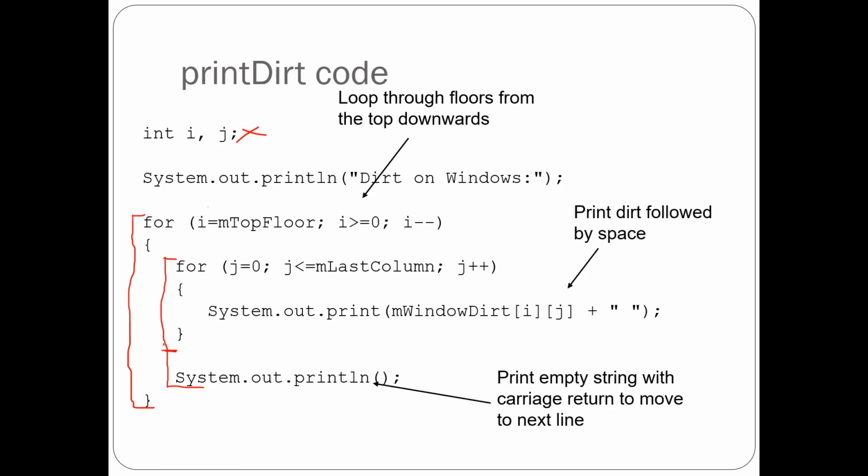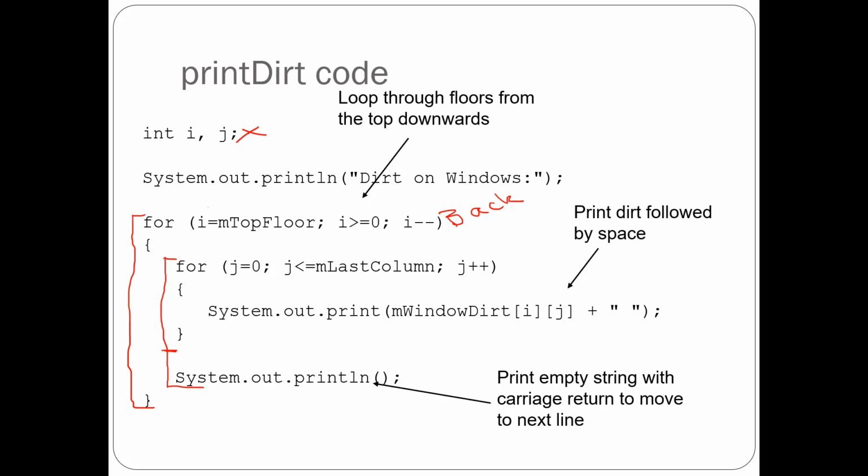And what we've got is the ability to use the outer loop to go from top floor and keep going as long as it's greater than or equal to 0. So in this particular example, we're actually going through the array backwards. That's so that we can output the data in the correct order.